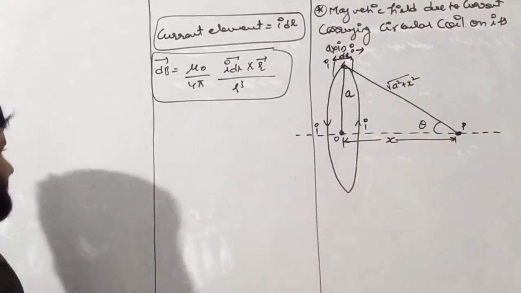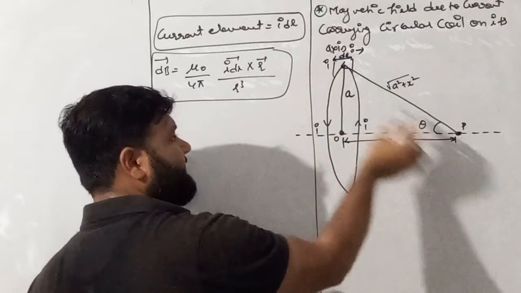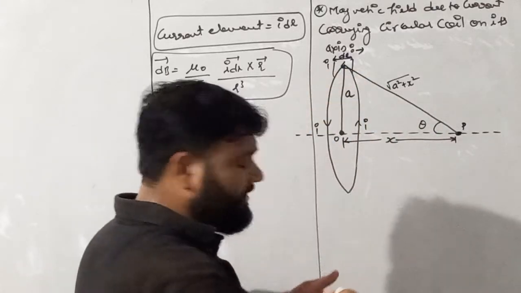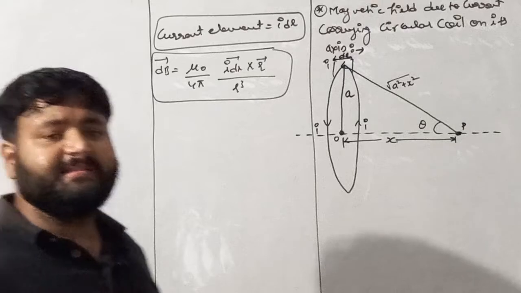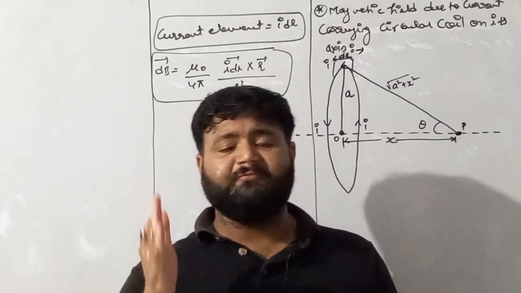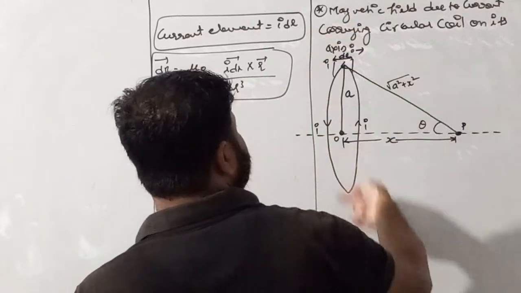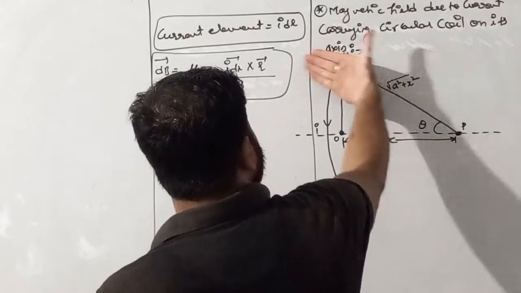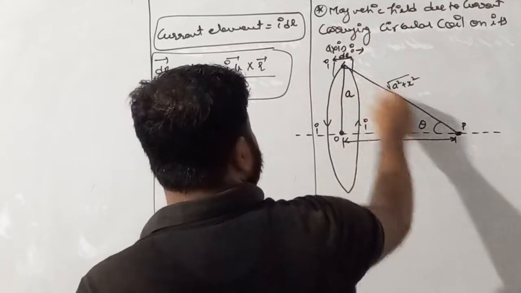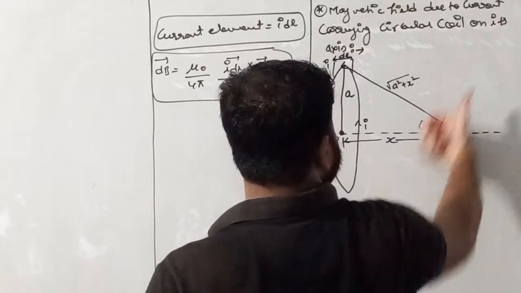This is r vector, and this is I dl. The direction of the current element is always along the tangent. So if the circular loop is like this, I dl is in this direction and r is in this direction. So I dl cross r, the thumb goes in this direction.